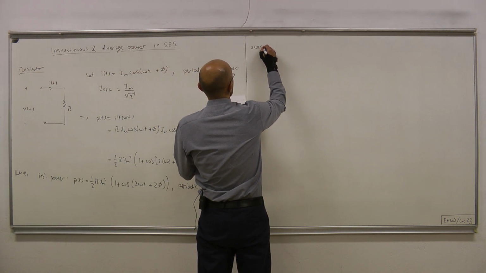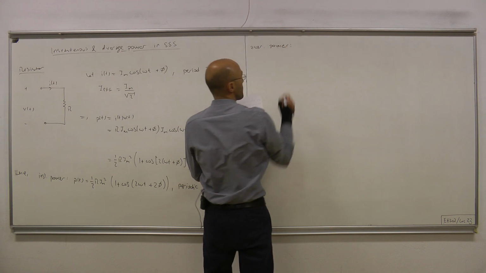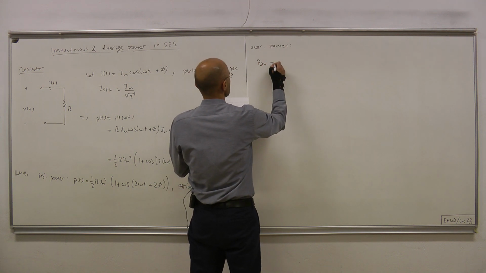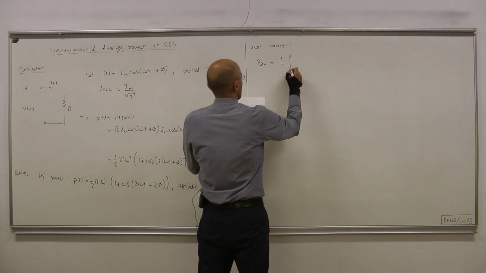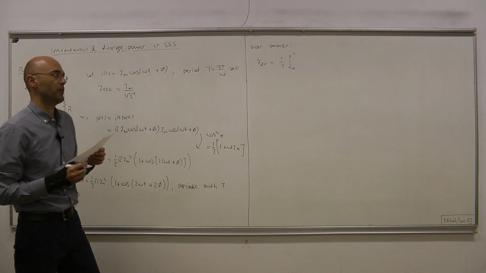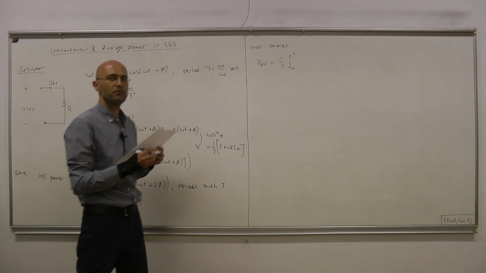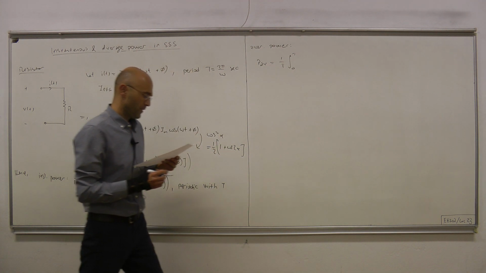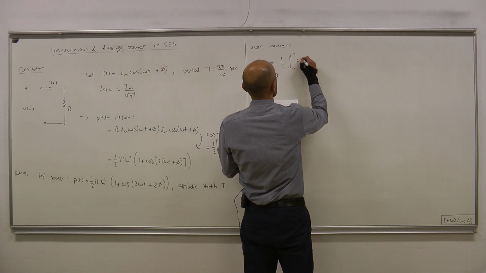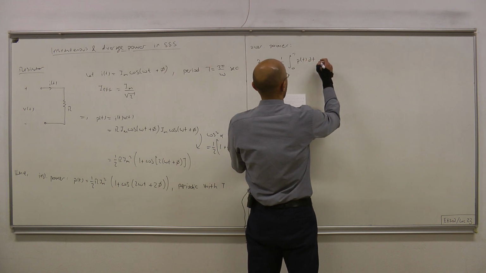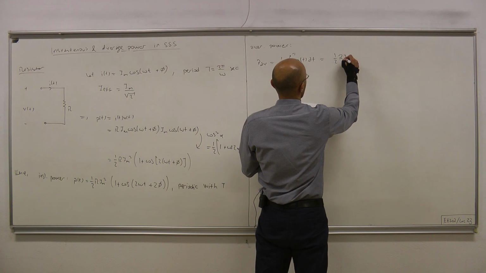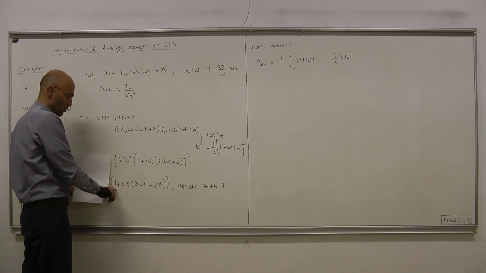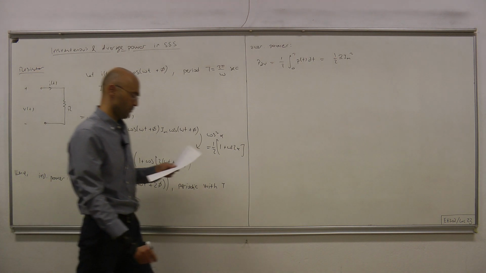Okay, so the average power for our resistor therefore equals, well, by definition, what we do, we integrate it throughout the period and then we divide it by the length of the integration, which is T. Okay, so that equals 1 over T integral of p(t) dt, and that equals 1/2 R Im squared times the integral of this constant term 1, and then the integral of the cosine term.